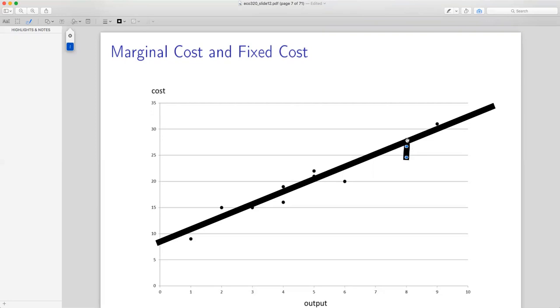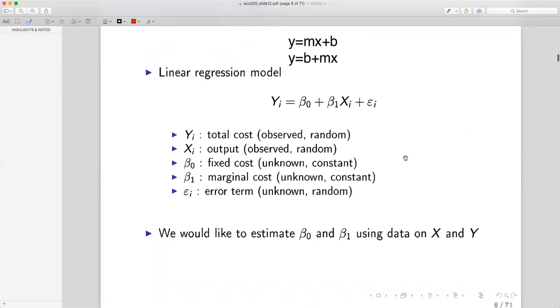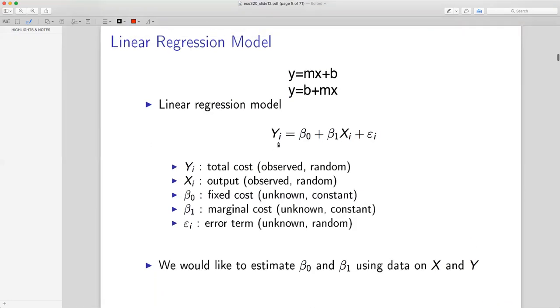The difference between this actual data and what you are trying to predict, or fit with the line, is the residual or error term. So this regression model is yi equals beta 0 plus beta 1 xi plus epsilon i. The epsilon is usually the error term, unknown and random. Beta 0 and beta 1 are unknown but constant, and the x and y are observed.